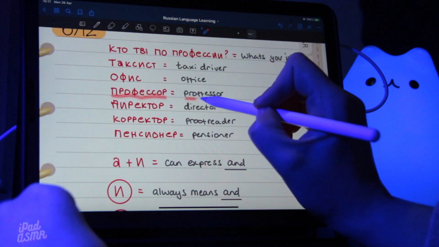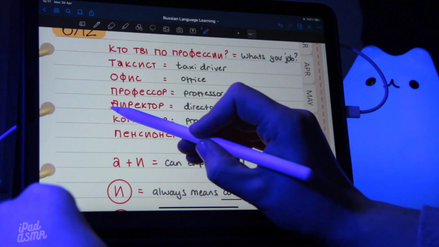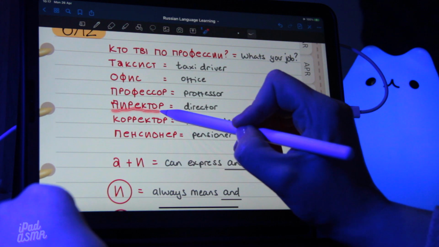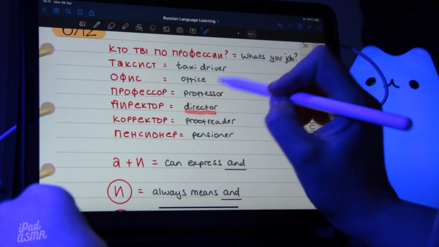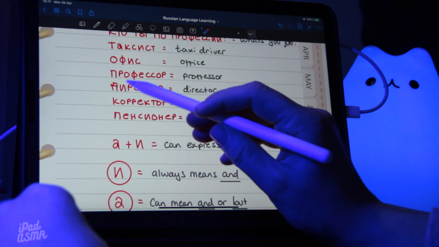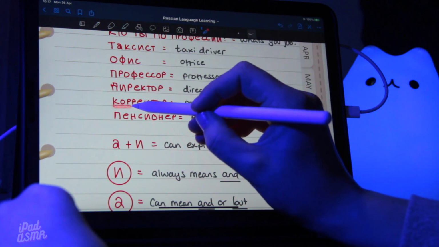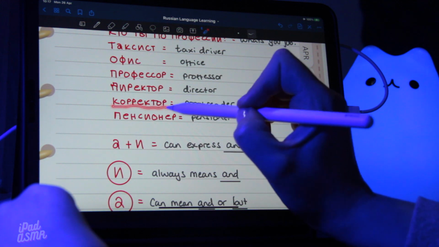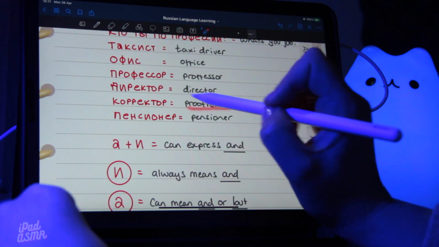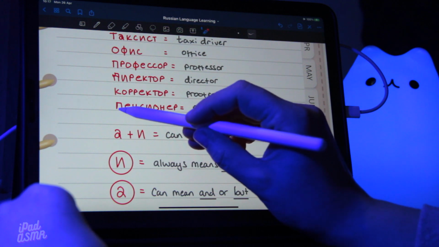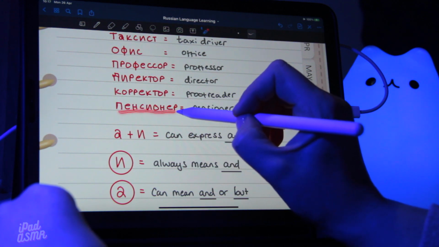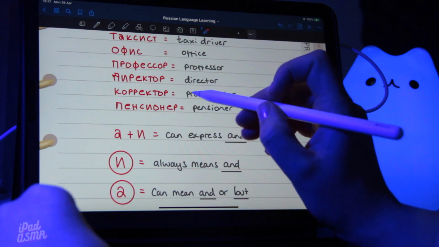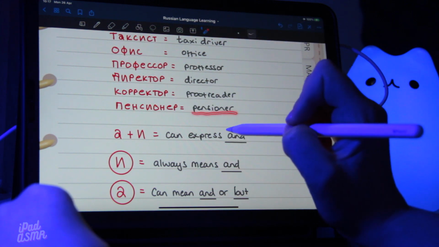Director. Corrector. Proofreader. Pensioner.